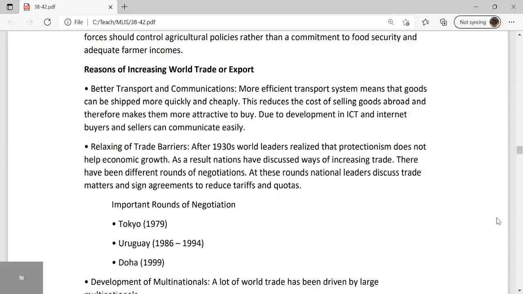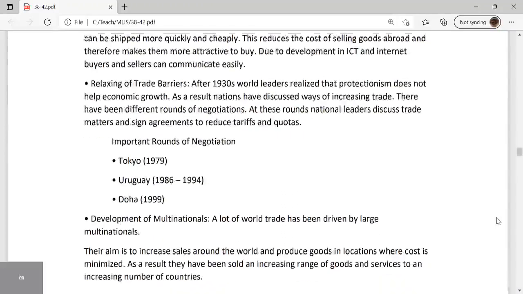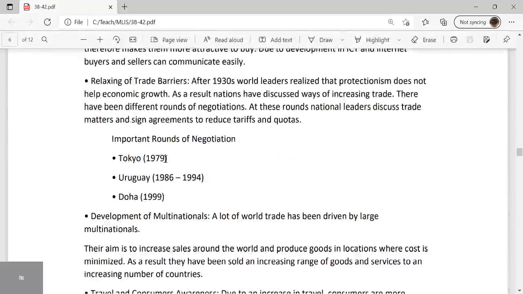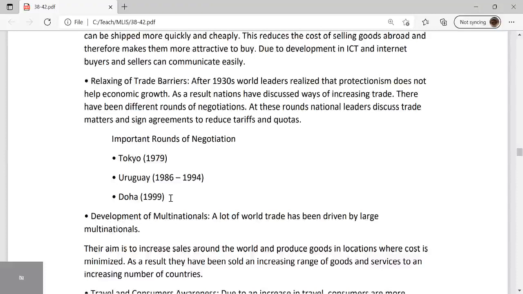Some important rounds of national leaders were in Tokyo in 1979, Uruguay 1986 to 1994, and Doha 1999. World leaders got together and agreed to reduce or eliminate tariffs, quotas and any kind of barriers.